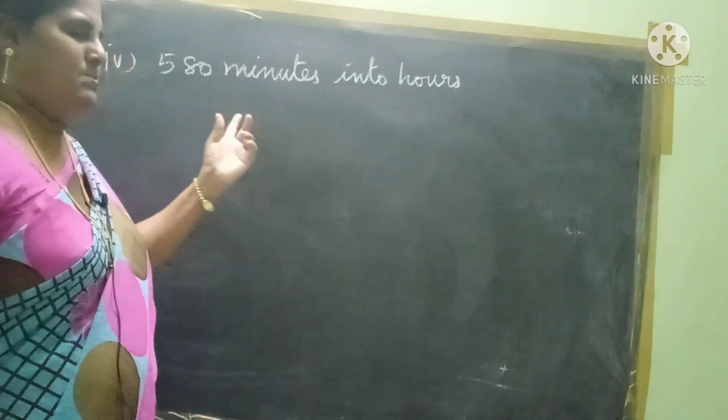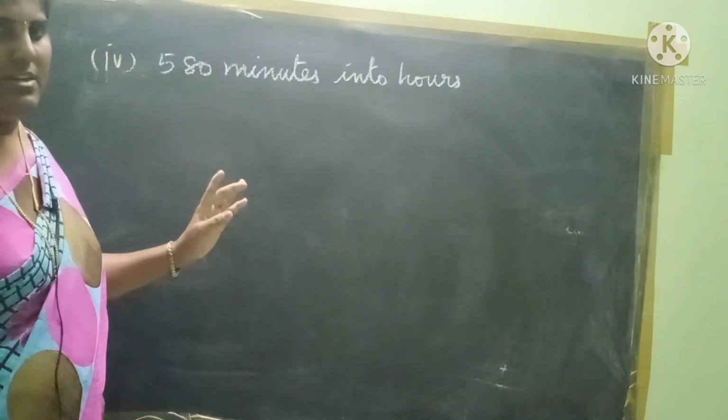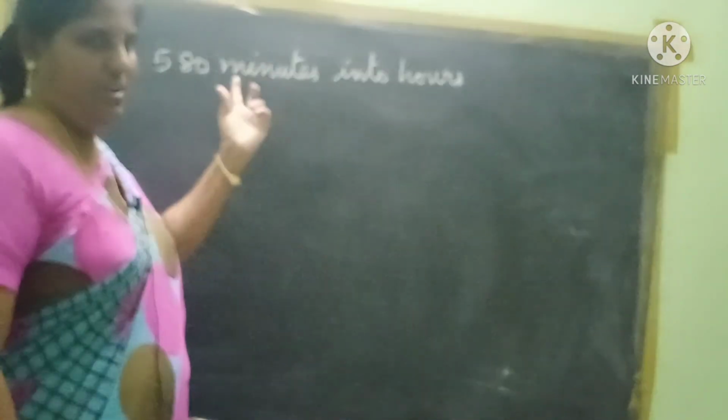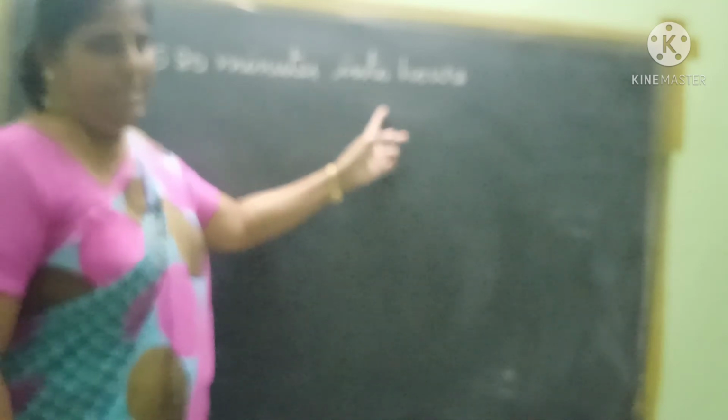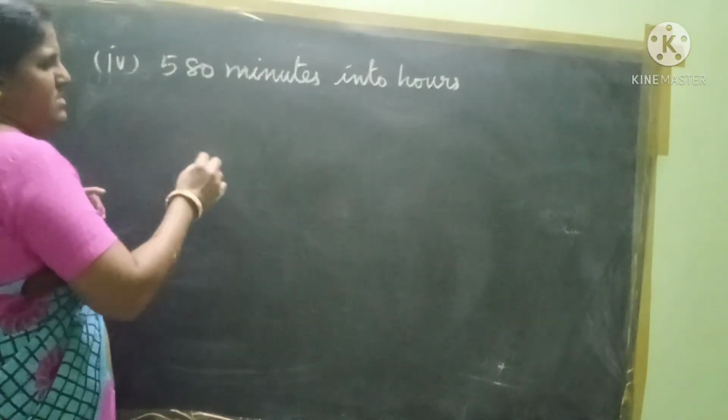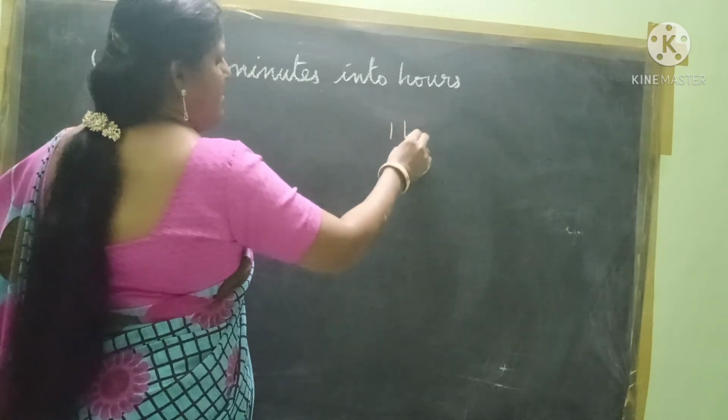You just multiply it and get the answer. But for minutes to hours, small unit to big unit, you should divide. Okay. So for example, 580 minutes: 1 hour equals how many minutes?